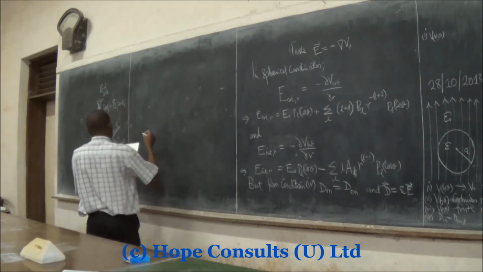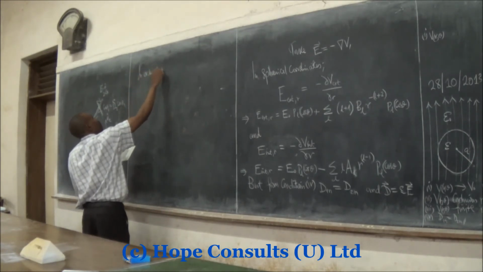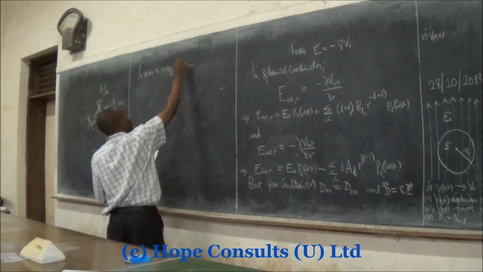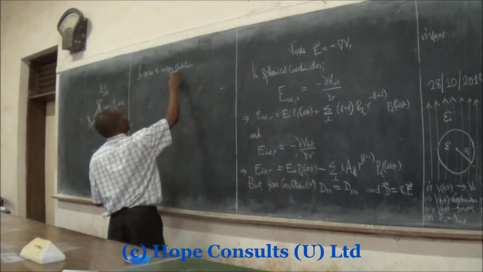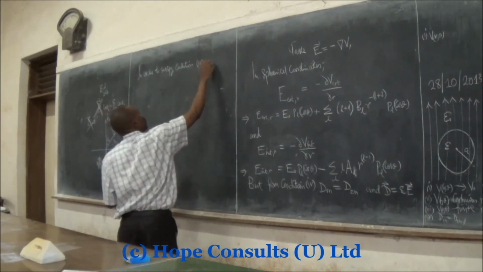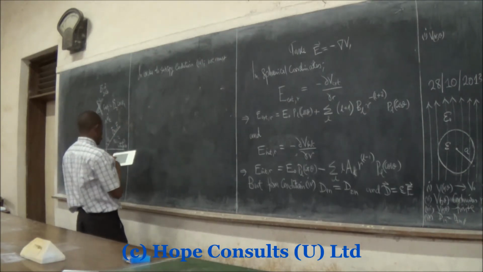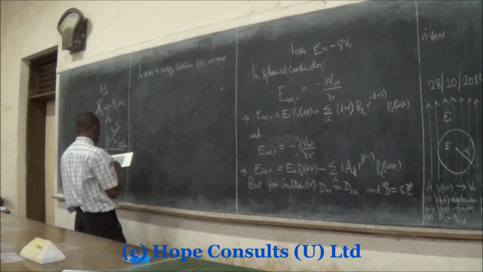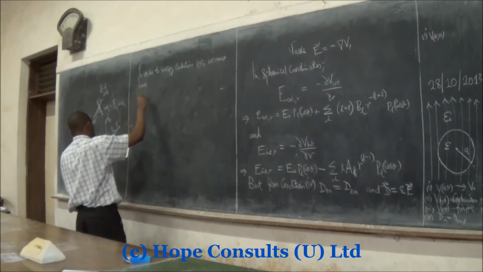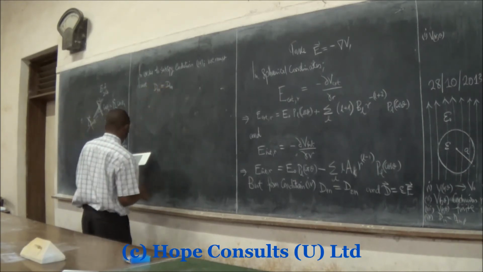So in order to satisfy condition 4, we have used it, but in order to satisfy this condition 4, we must have, of course, I've already done it, but I have to review it, D1n equal to D2n.